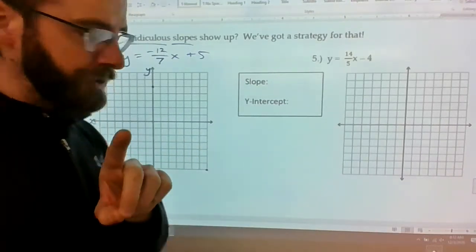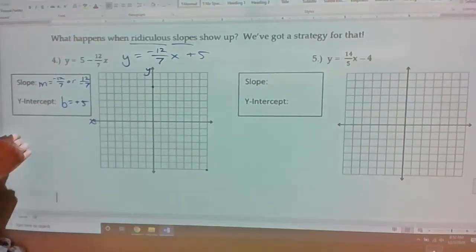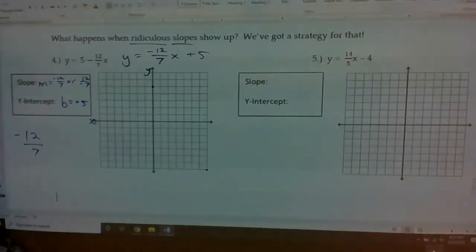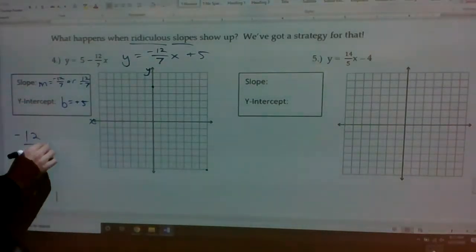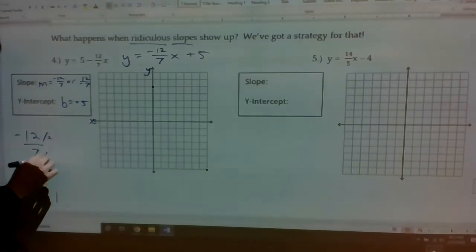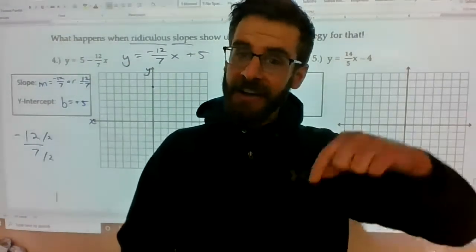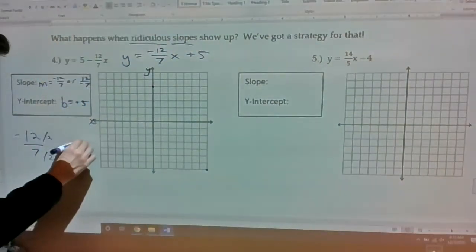And here's a strategy for that. If you get something like 12 over 7, and I've already talked about this, I just thought it'd be nice on this video to really hone in on it. You can cut the top and bottom in half even if they're not both even. So if I cut the top in half, I get negative 6.